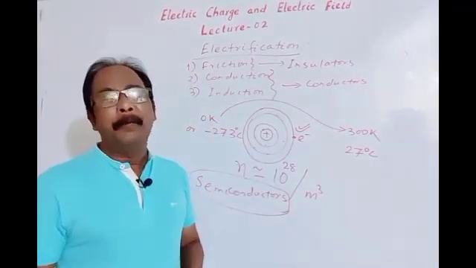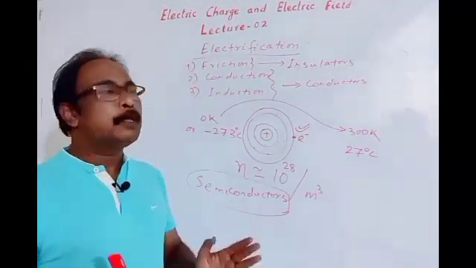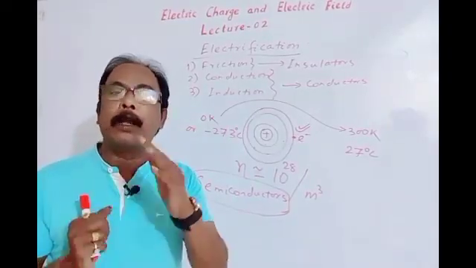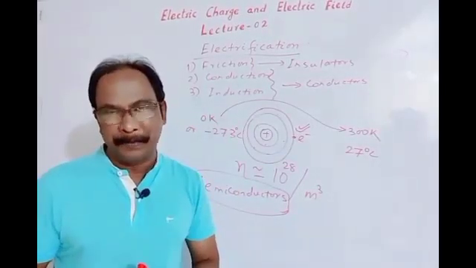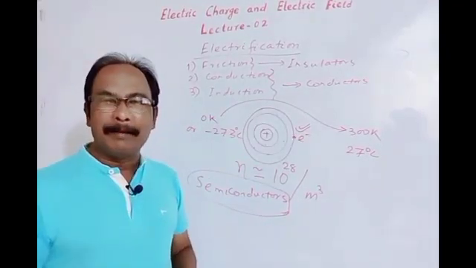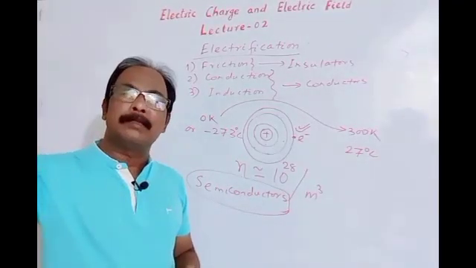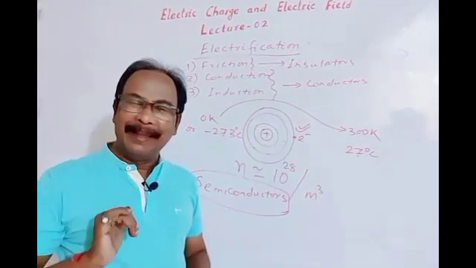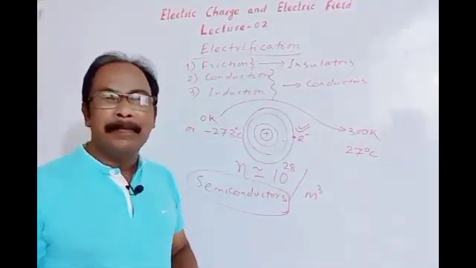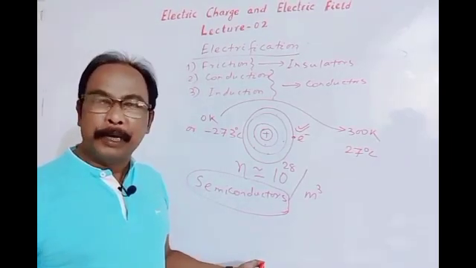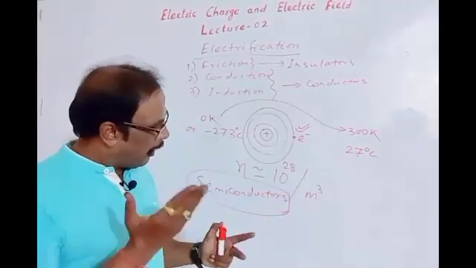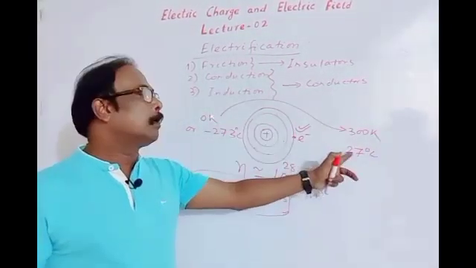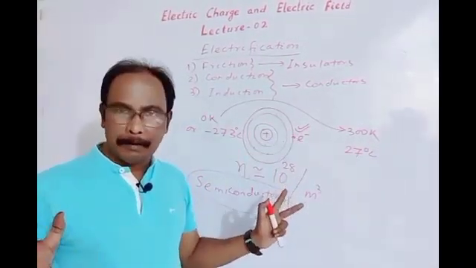If the temperature of a conductor increases, its conductivity decreases, or resistivity increases. For a semiconductor, if temperature increases, conductivity increases and resistivity decreases. At 0 Kelvin, a semiconductor behaves as an insulator. With a rise in temperature, even at ordinary room temperature, a semiconductor behaves as a conductor.